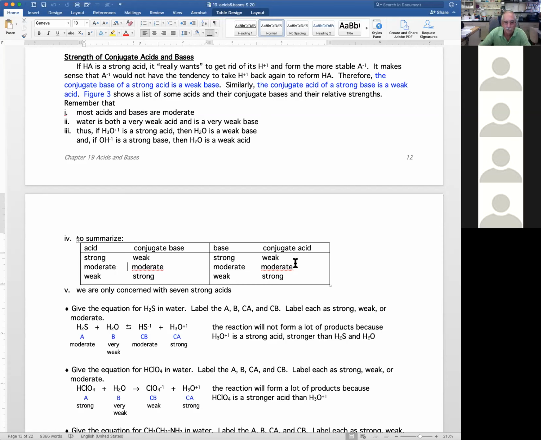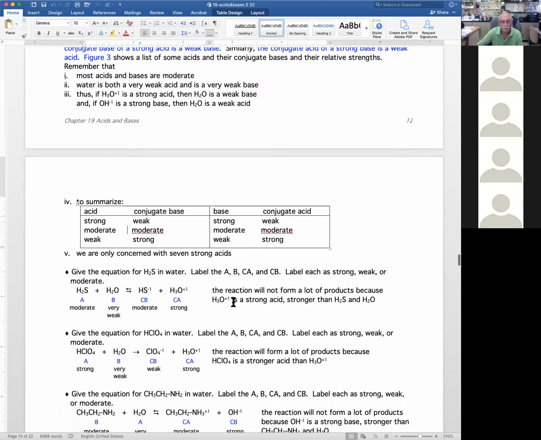Same thing over here with bases. And then if you've got a really weak acid, it doesn't really want to give away its hydrogen very much, but once you do give it away, it's like, hey, I want that back again. It becomes a strong conjugate base.